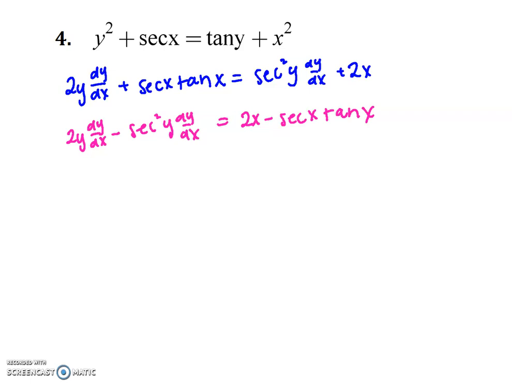And then once you've done that, okay, now that everything over here has a dy/dx, we can GCF that out. That'll just leave us with a 2y minus the secant squared of y.